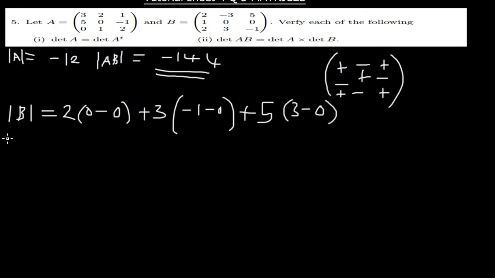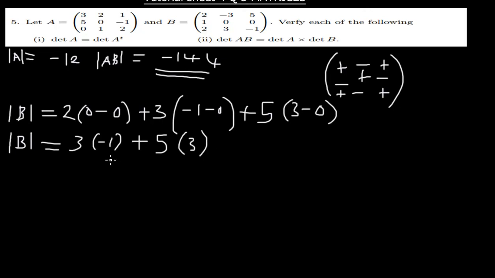So the determinant of B is going to be negative 1 minus 0, you get negative 1 there. Then positive 3 minus 0, you get 3.